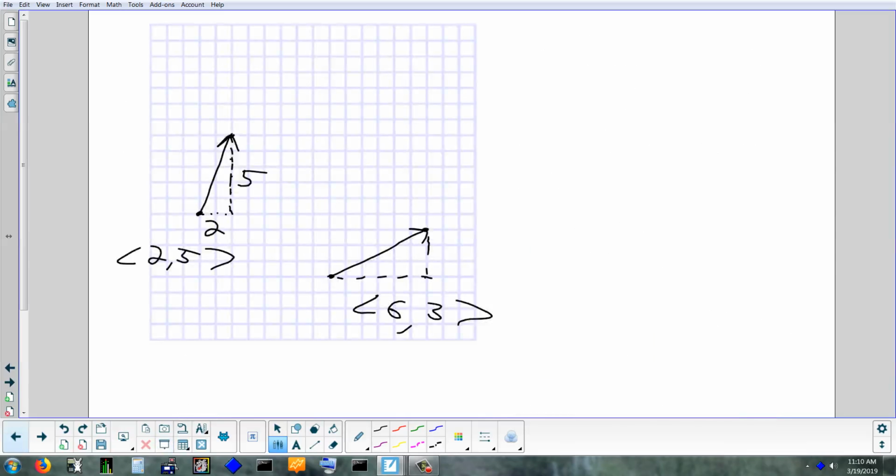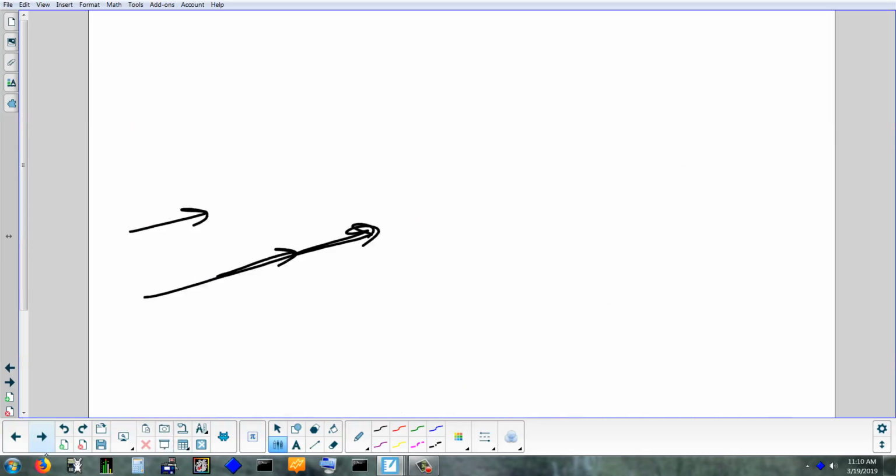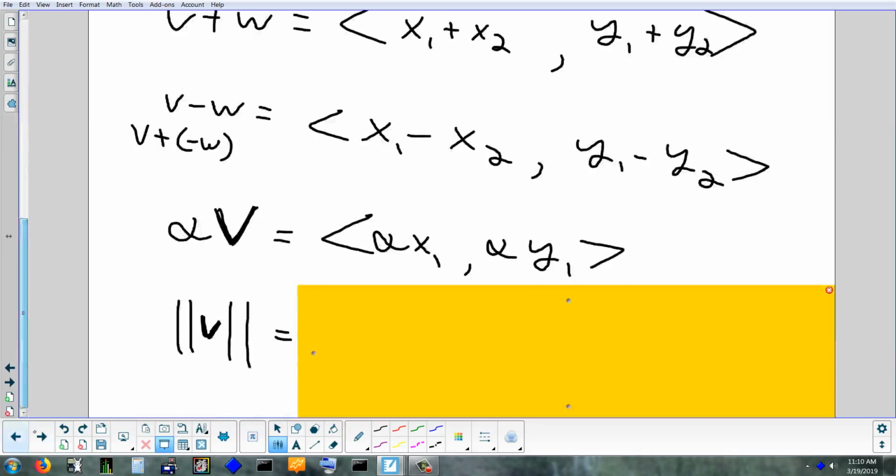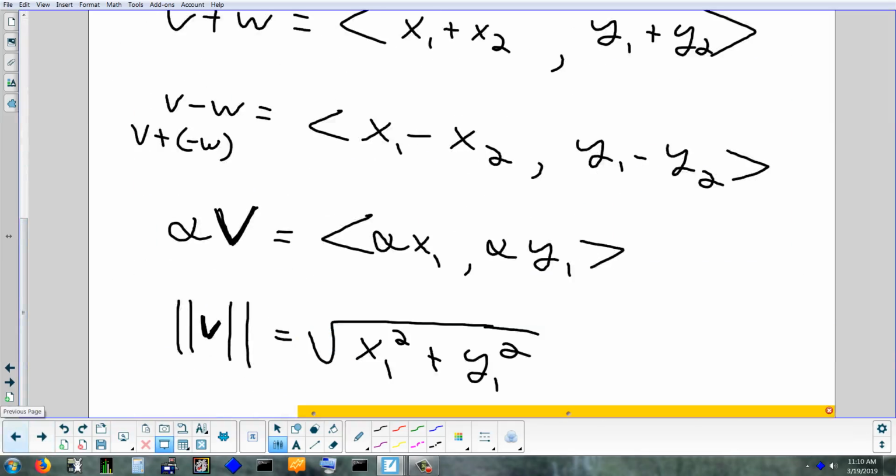I mean, we didn't formally write down the formula, but it's a basic thing we've done a lot. Yeah, you just do the Pythagorean theorem. So here's your horizontal component, square it. Here's your vertical component, square it. Add them up and take the square root. So when you see this formula, that's really just the Pythagorean theorem. Horizontal component squared, vertical component squared, add them up and take the square root.